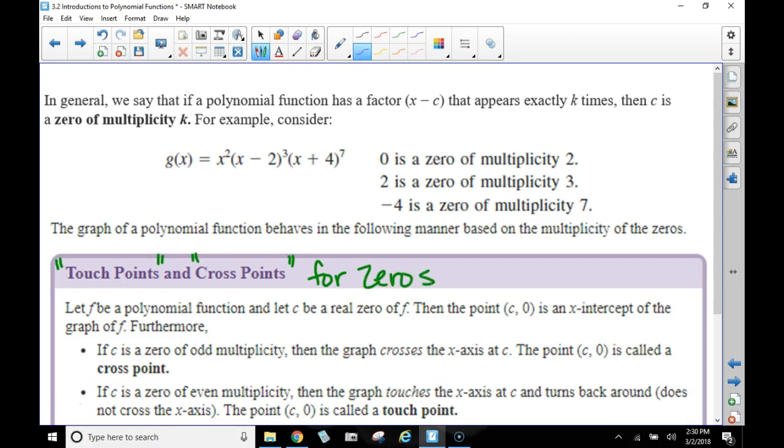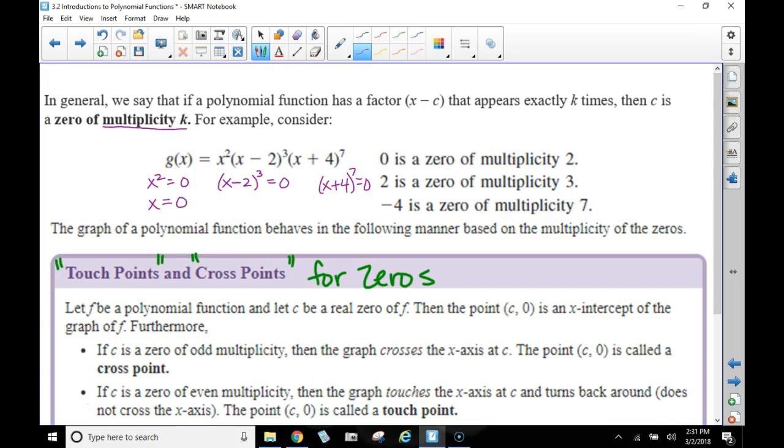Well, first of all, we need to back up and talk about the multiplicity k. That means how many times a zero appears. So for this function g of x, when we set each factor equal to 0, and then x plus 4 to the 7th equals 0 to find our zeros, this first one will yield a 0 of 0.